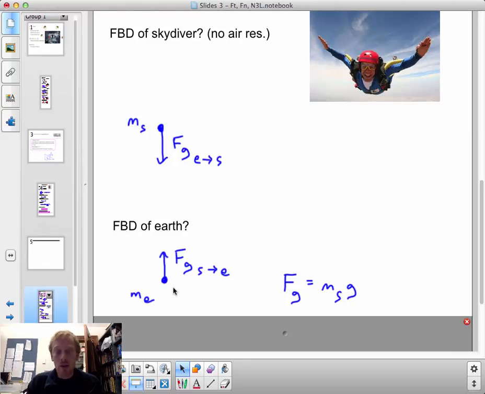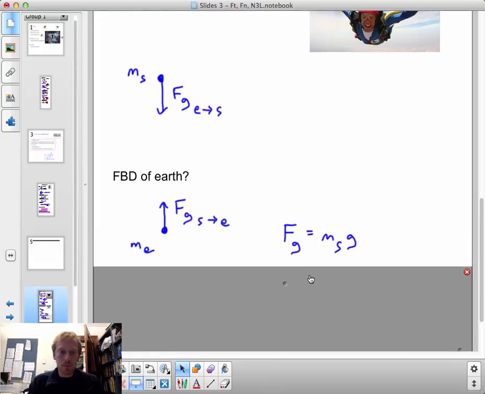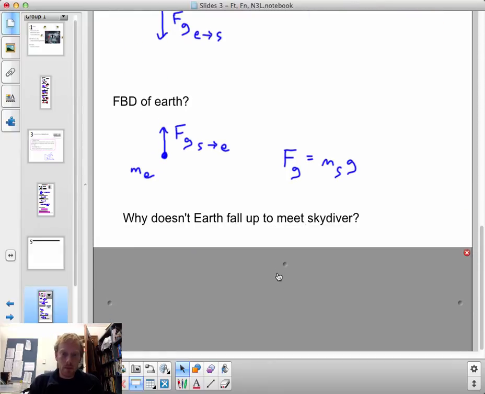There are probably other forces acting on the Earth too, but I've ignored them here. And this force by the skydiver on the Earth is the same magnitude as this force by the Earth on the skydiver. In other words, the mass of the skydiver times g. So if there's an upward force on the Earth, why doesn't Earth fall up to meet the skydiver?